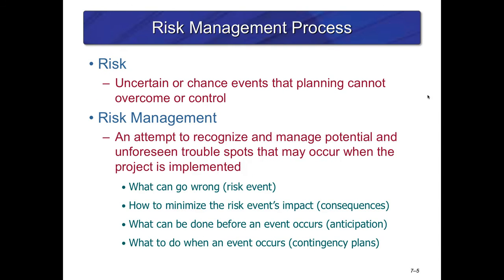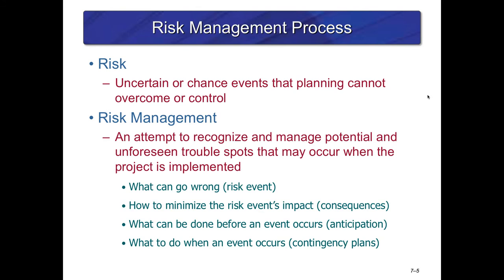Now, the first thing we need to think about is what is a risk, okay? There's a difference between risk and uncertainty. A risk is something that planning cannot overcome or control. Uncertainty is you don't know what you don't know. Risk is we do know, we just can't see it, and so we can't deal with it at this moment.